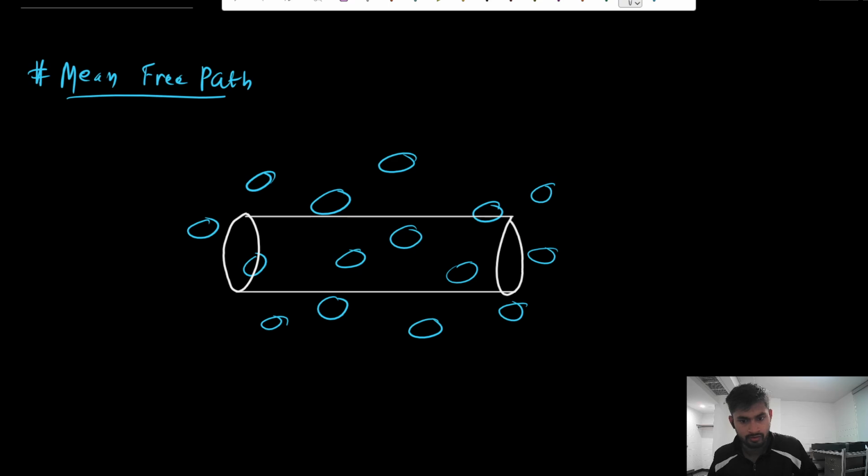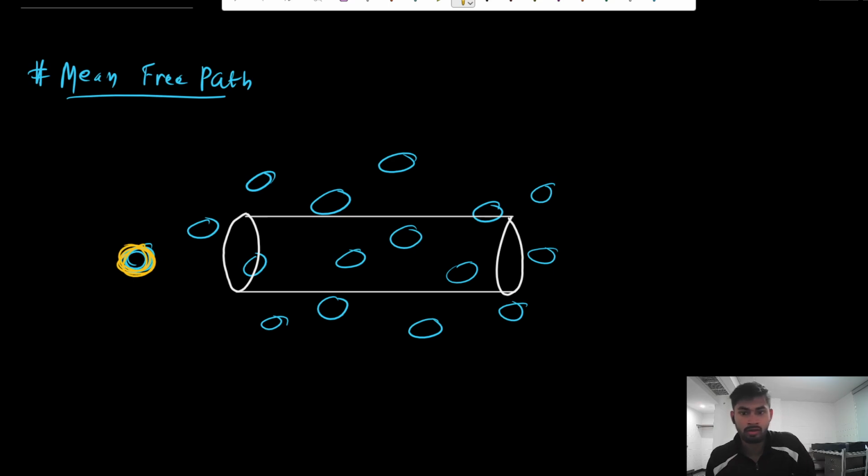This is our cylinder, which would play an important role in deriving and learning about the mean free path as a concept in itself. We'll be taking this one big molecule as a reference molecule, and then we'll be deriving how it will interact with all other molecules.